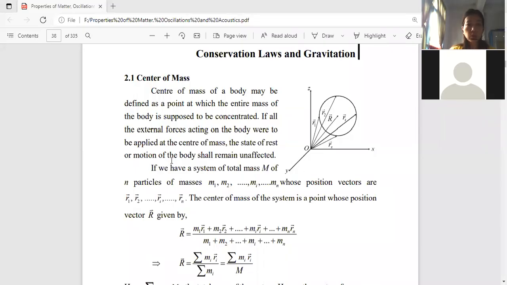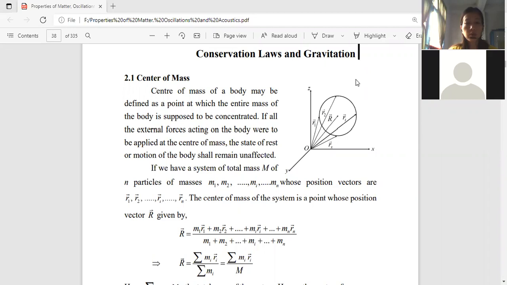Today our topic will be on center of mass. You come across this term, center of mass. As I have said, we have different types.